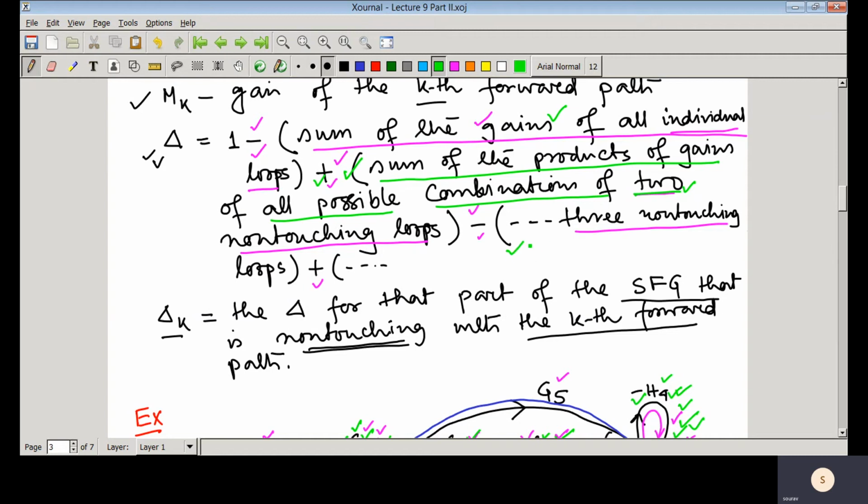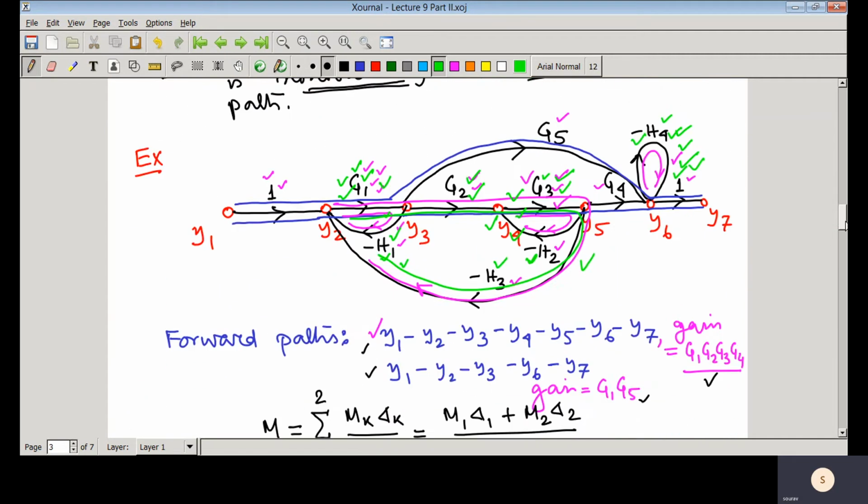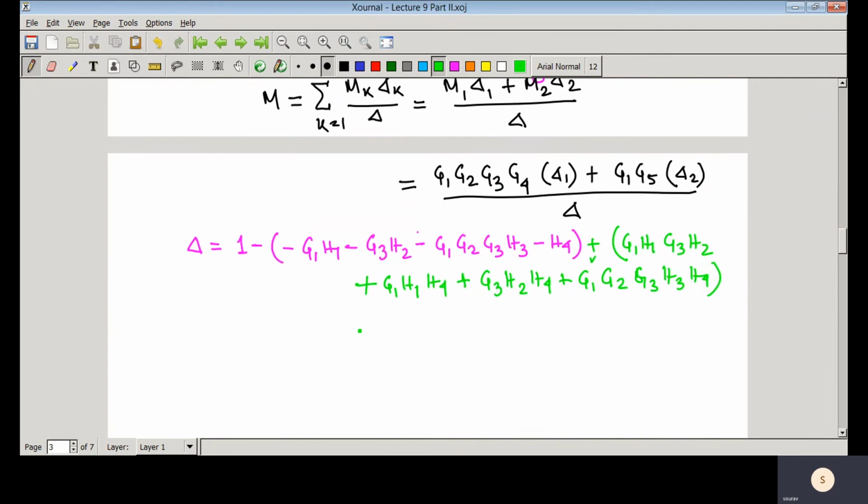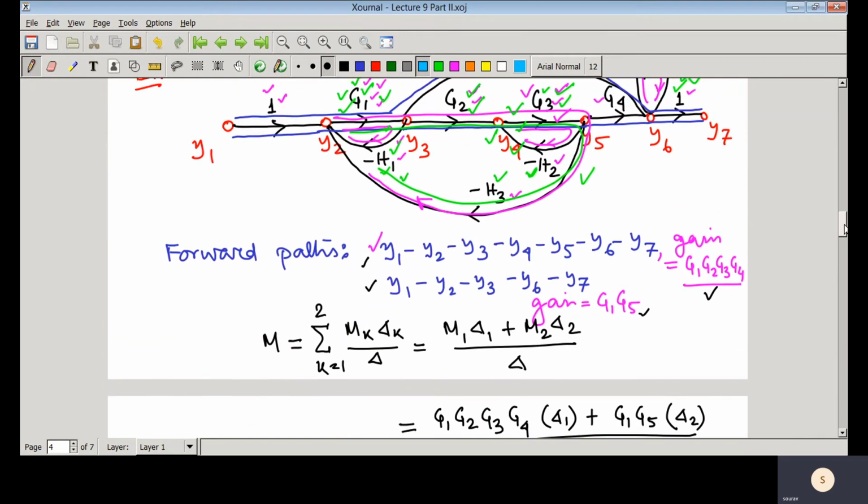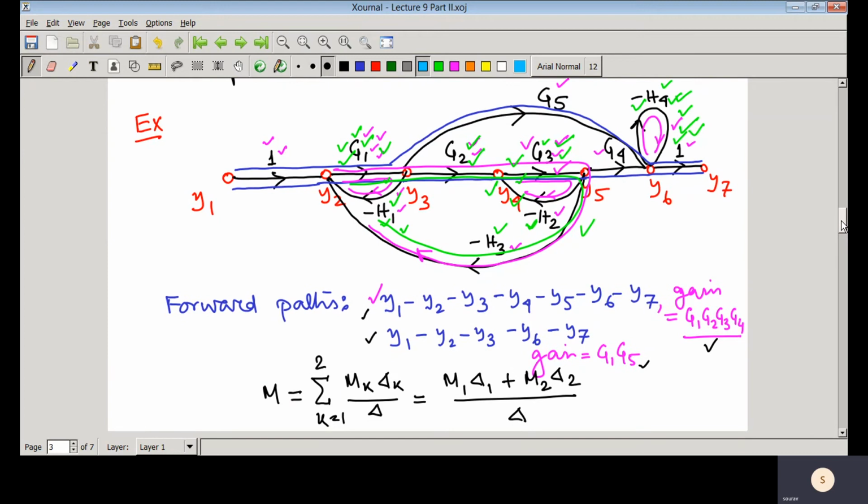Now the third one. The sign is minus here, we can write it with a different color, a minus. Then it would be the sum of the products of 3 non-touching loops. Here I can see this is one loop, this is another loop, and this is another loop. So 3 loops are actually non-touching.